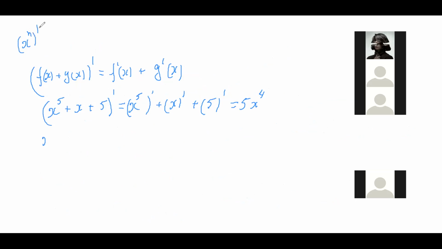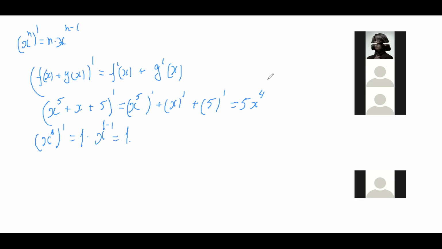The derivative of x to the power n is n times x to the power n minus 1. For the derivative of x, it's x to the power 1, so it's 1 times x to the power 1 minus 1, and this is 1. So remember it: the derivative of x is 1.